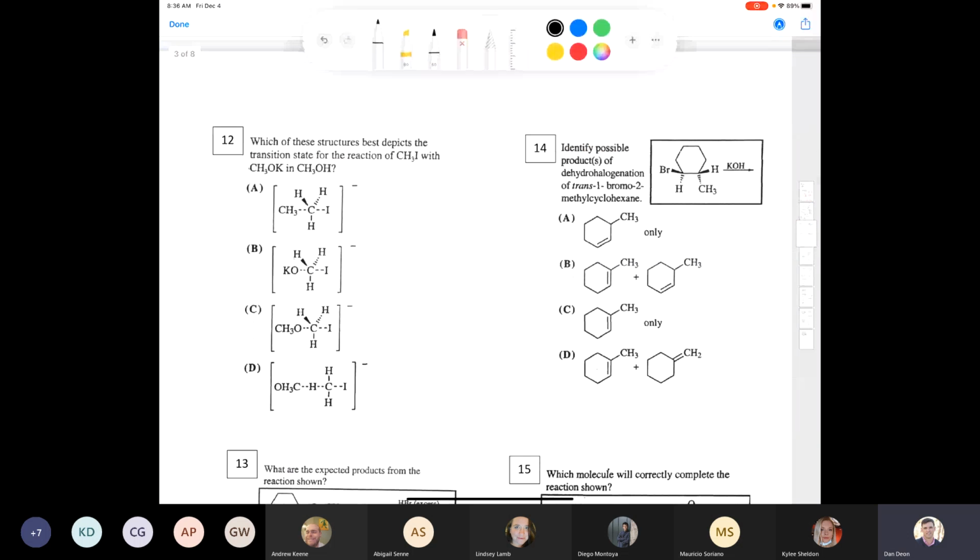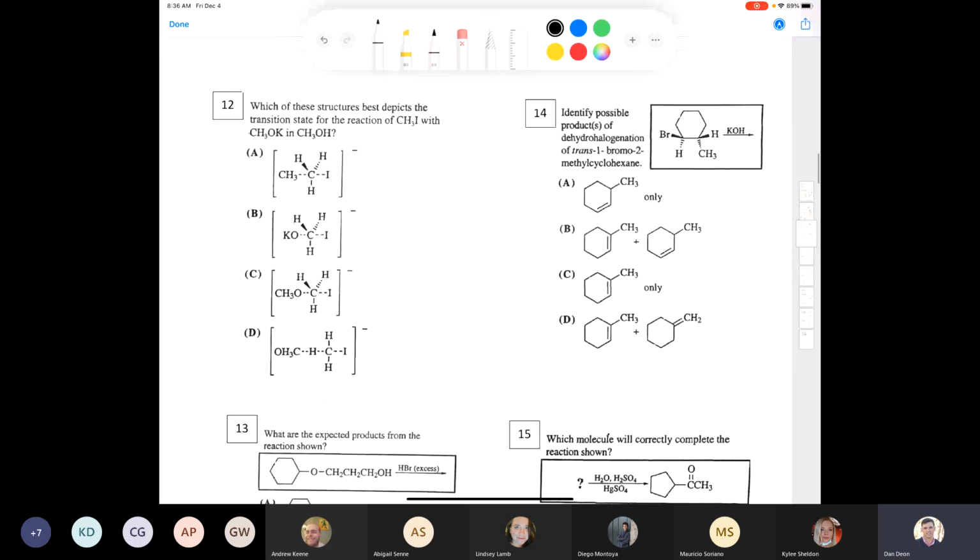Okay, let's talk about transition states for a sec. It says, which of these structures best depicts the transition state for the reaction of iodomethane with methoxide, potassium methoxide in methanol? So if you think about the reaction that's occurring here, we're taking methoxide, which would be our nucleophile.